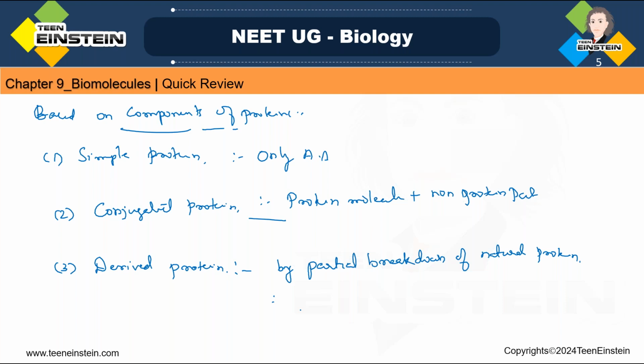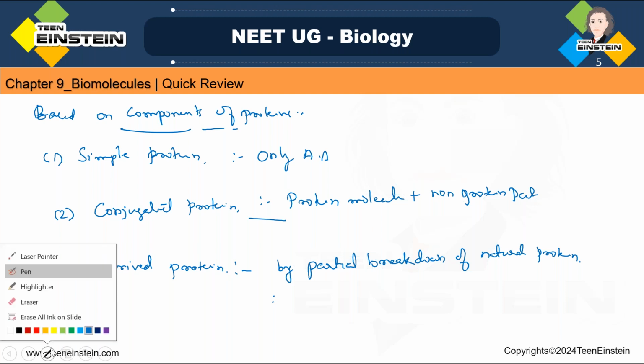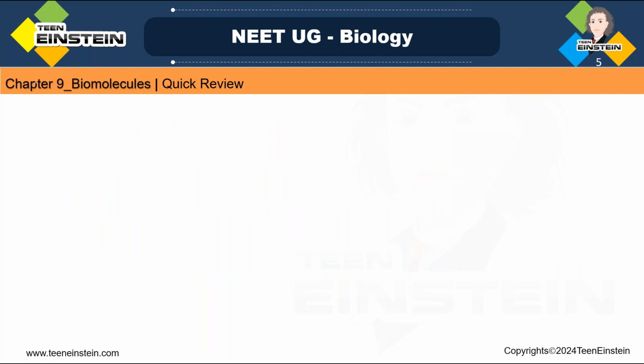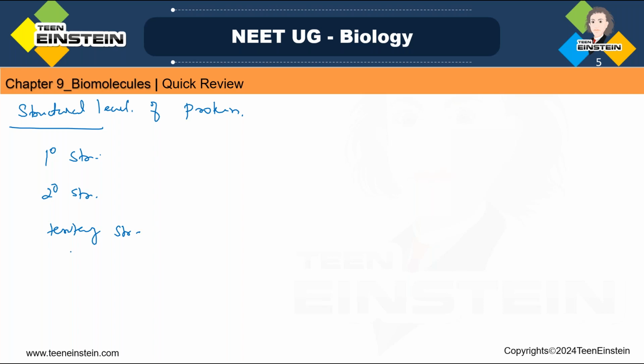Okay, so we have learned about the classification of protein. Next is about the structural levels of protein. There are four structural levels for protein: primary structure, then secondary structure, tertiary structure, quaternary structure.